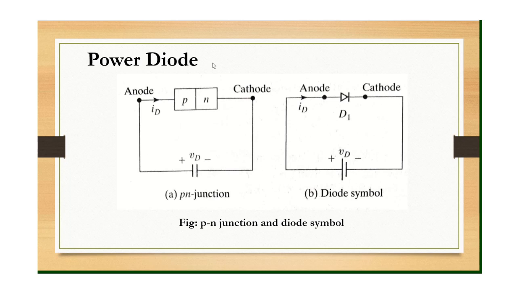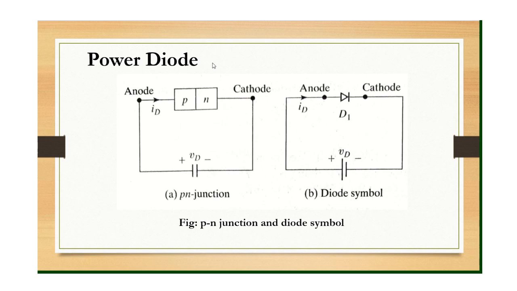As we had discussed in the previous class, the power diode is similar to the normal PN junction device, right? As you can see here, the PN junction is normally formed by diffusion or epitaxial growth. The sectional view of the PN junction is shown here.